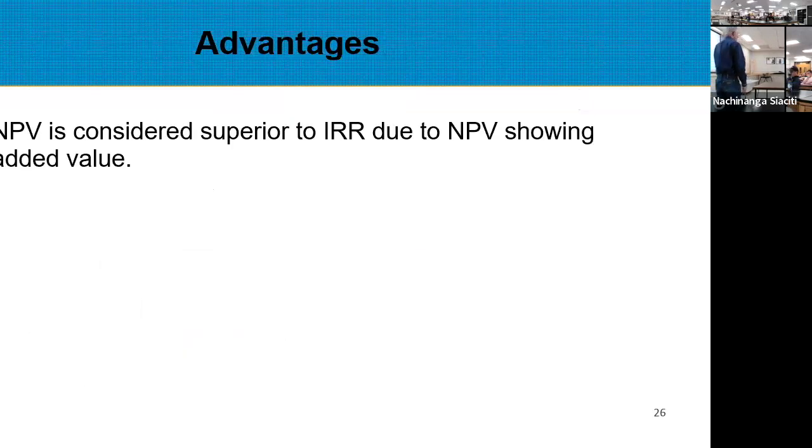And now let's talk about some of the advantages of these tools in general. First of all, net present value is considered superior to our internal rate of return because it shows the added value. So you're spending $1 million on a new project, and you have an internal rate of return of 7%.